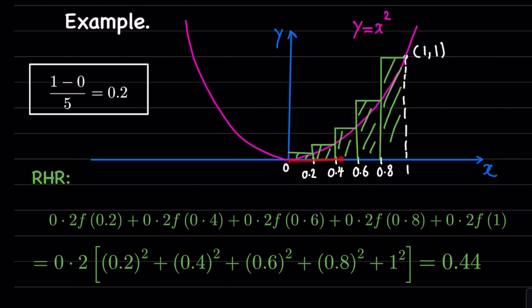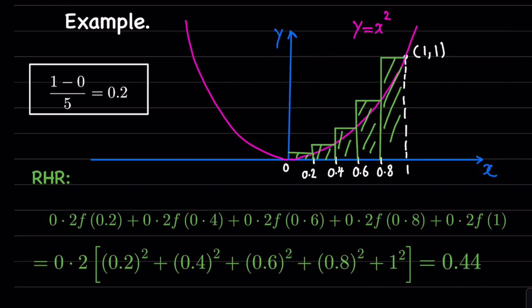The distance between 0 and 1 is 1, 1 minus 0, and if you divide it into 5, then 0.2 is going to be the length of these subintervals. So we divide the interval 0 to 1 into 5 equal subintervals, and the length of each of those subintervals is 0.2.